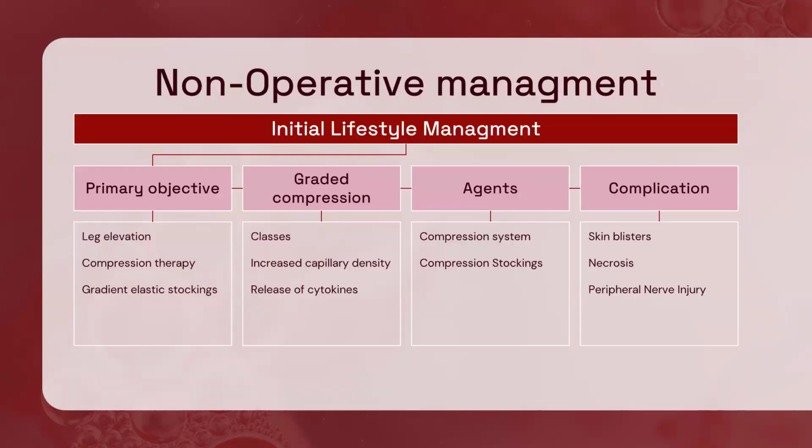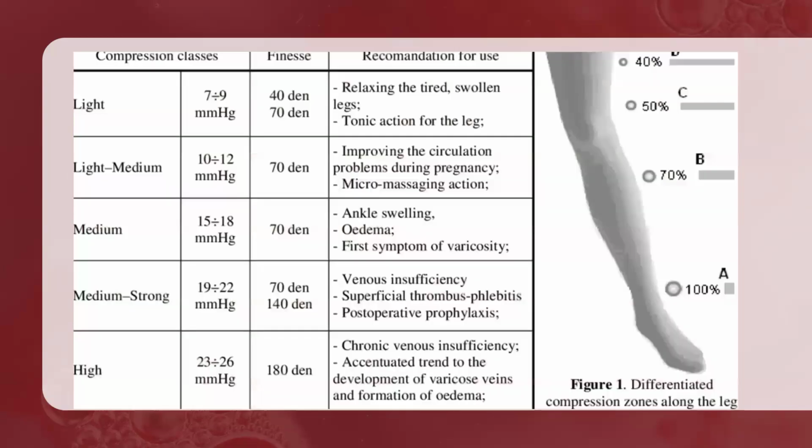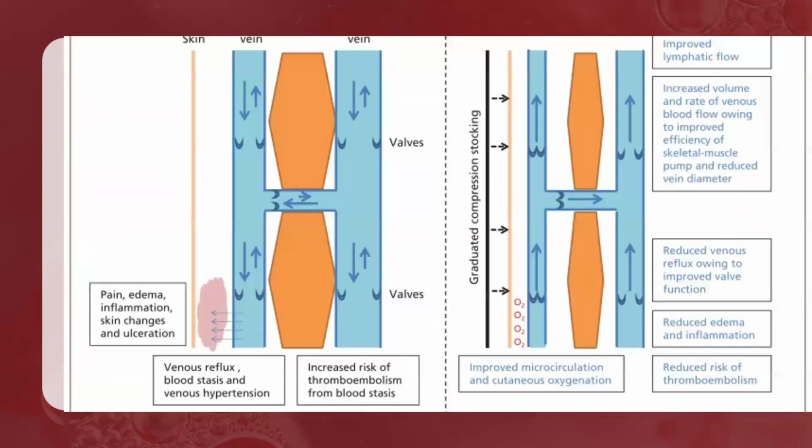So as discussed, there are the complications of skin blisters, necrosis, and peripheral nerve injury. So what do the stockings do? This is a picture of the vein in chronic venous deficiency without compression therapy. There will be pain, edema, inflammation, skin changes, and obviously ulceration due to the venous reflux, blood stasis, and hypertension, which I've studied earlier.